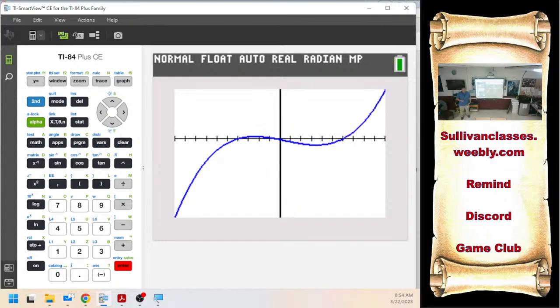Can you see, though, from negative infinity to infinity, zeros at negative 4, at something, and at 1, 2, 3, 4, 5, 6? Can you see that it's negative here, positive here, negative here, positive here?